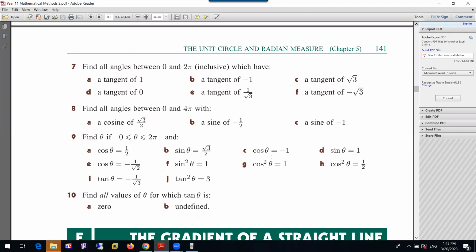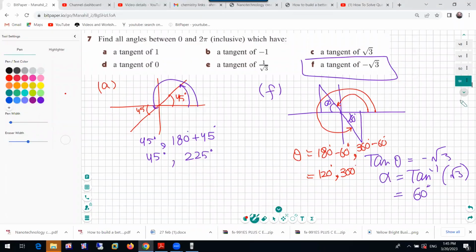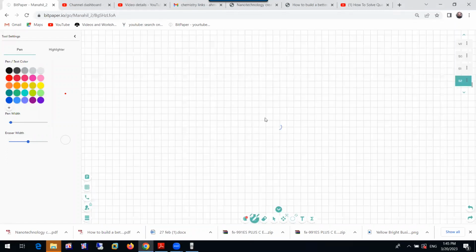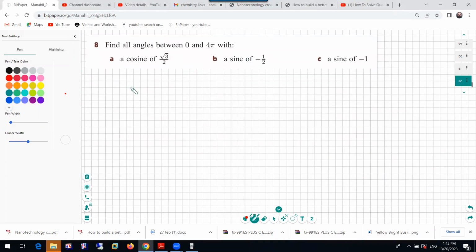But if we have 0 to 4 pi, it means we have to create more rotations, like in question number 8. Like cos is square root 3 over 2. First of all, find the basic angle, alpha, which is cos inverse of square root 3 over 2, right?